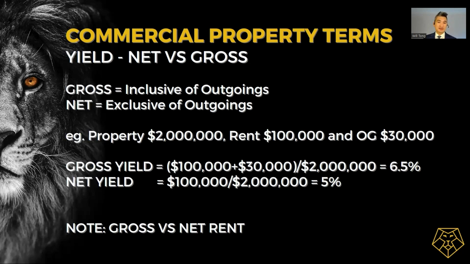Okay, so if the tenant has agreed to a net rent lease or net rental structure, then yes, they'll pay you, the landlord, the agreed rent, and they'll be responsible for the outgoings as well. However, if you've agreed to a gross rental structure, then all they're going to do is pay you the rent, and then you're responsible to pay the outgoings. So it's very important to understand the difference between the two. And when you are going through a lease document, make sure you identify whether it's a gross or a net lease structure.